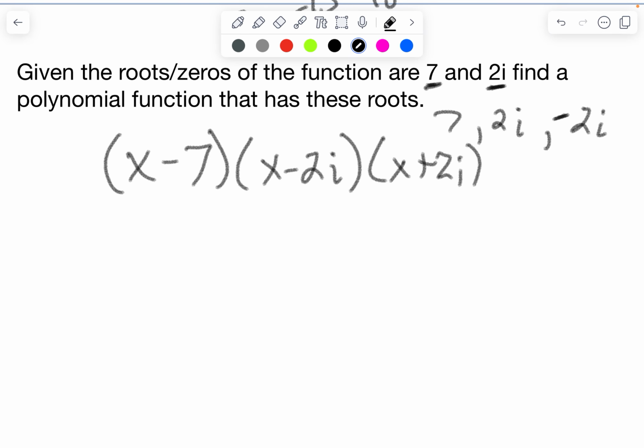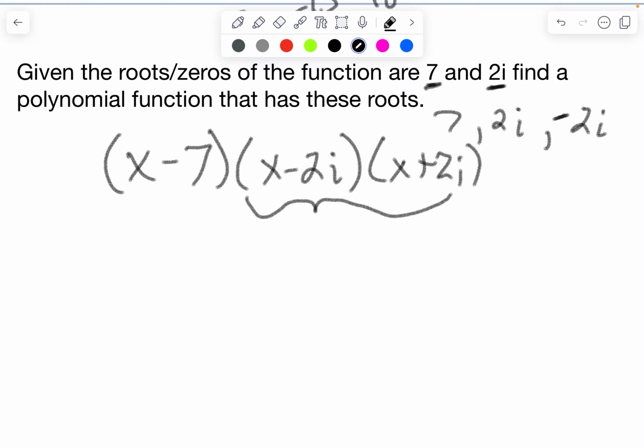Now just a little handy trick. Multiply these two first.